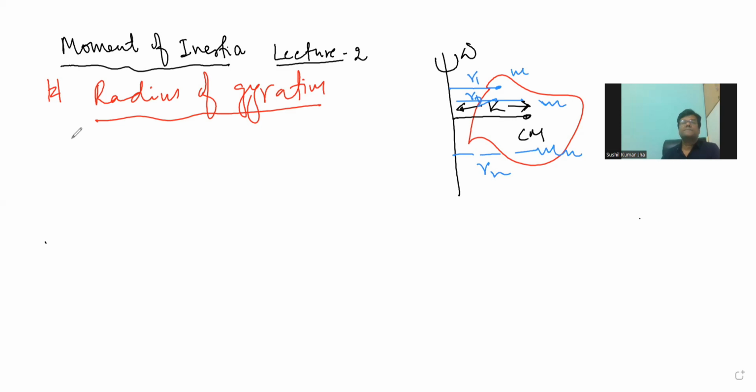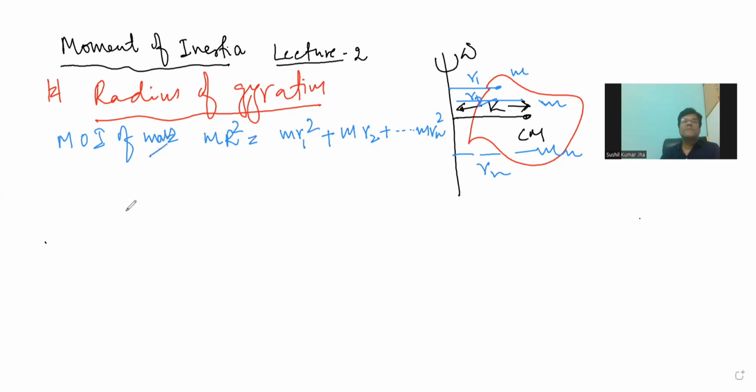So if we write the moment of inertia of m, then we'll write m r square. It can be m r1 square. Similarly, for second, it can be m r2 square. So for the nth, it can be m rn square.